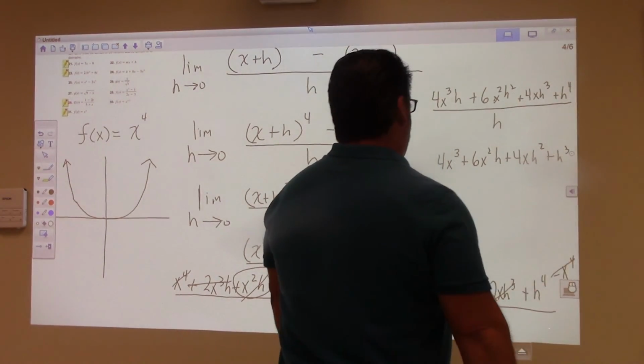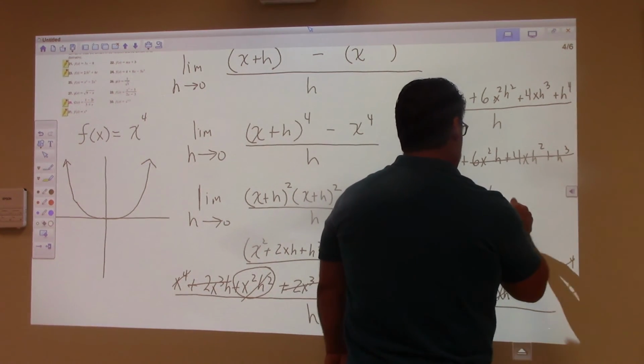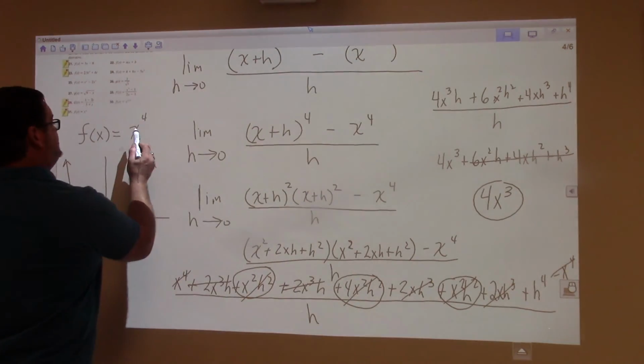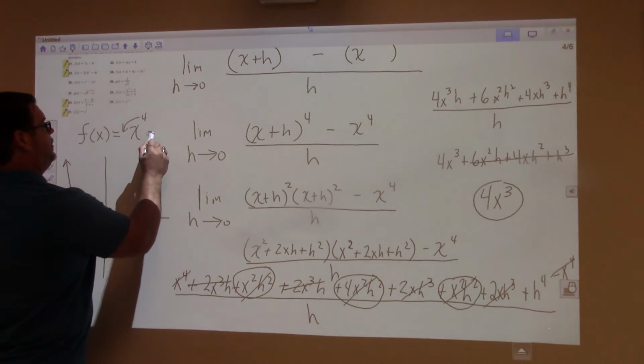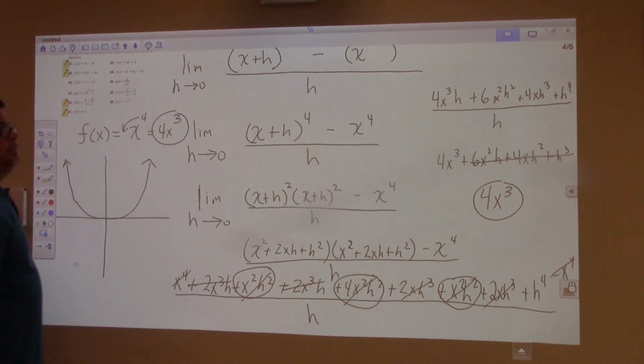And what happens when you plug in the 0? And the derivative of x to the fourth, 4 minus 1 is 3.